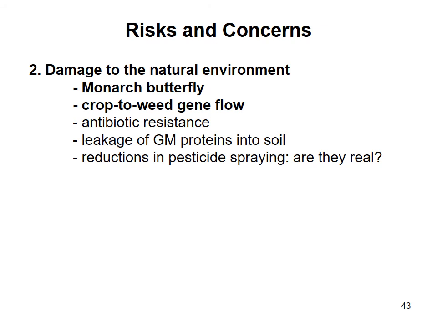For example, there are no wild relatives of corn in the United States or in Europe for transgenic corn to pollinate, but these wild relatives do exist in Mexico. Soybeans and wheat are self-pollinating crops, so the risk of transgenic pollen moving to nearby weeds is very, very small. However, that small risk must be balanced against the fact that there are wild relatives of wheat in the United States.